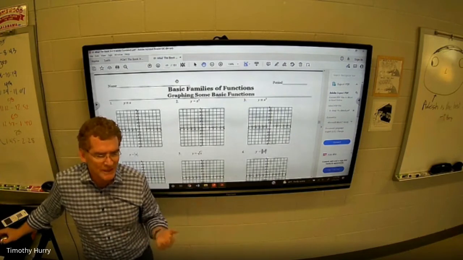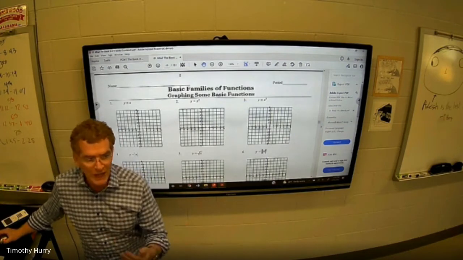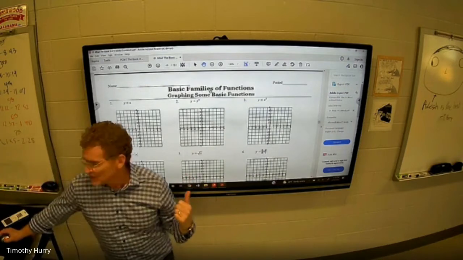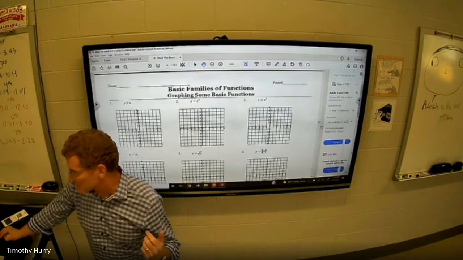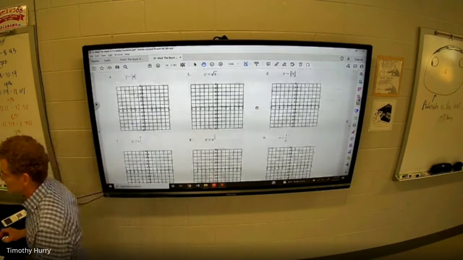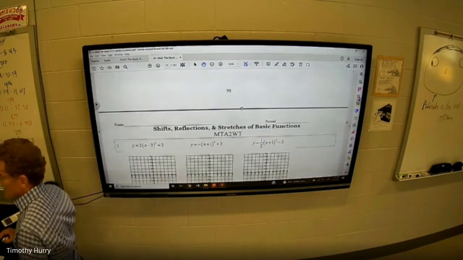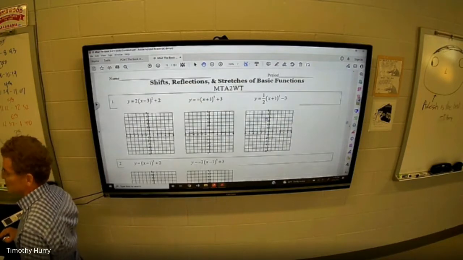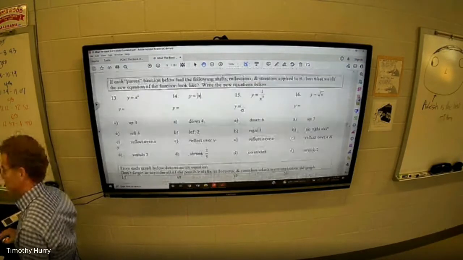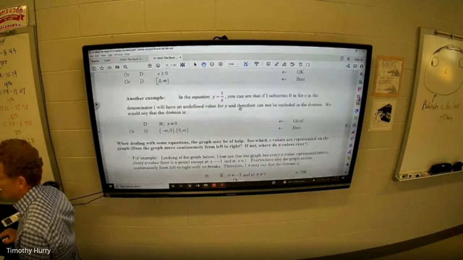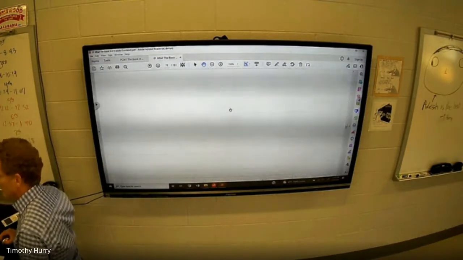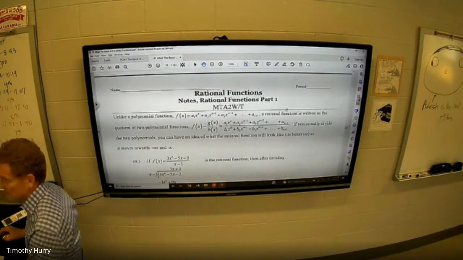Not saying it wouldn't be helpful, but there's a greater likelihood that you're going to see a rational function question on this state test than this. So I'm going to skip the family of function stuff, all the shift, reflection, stretch stuff, all that domain, range, symmetry. Those are great things. We'll learn it eventually, but for now, we're moving past that to rational functions.